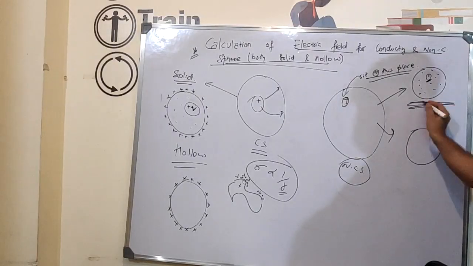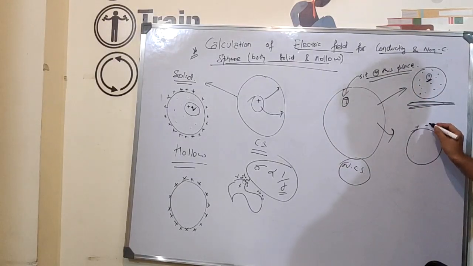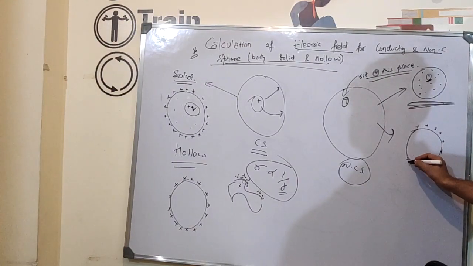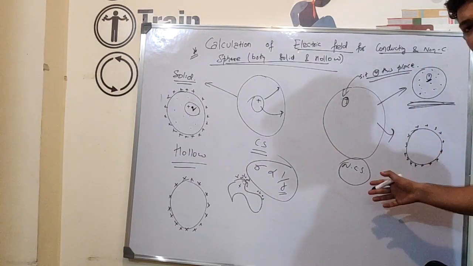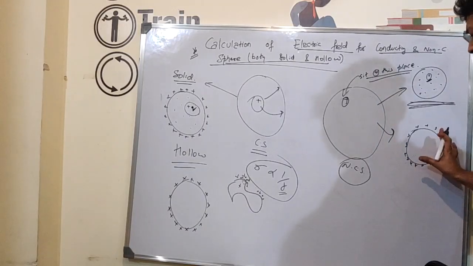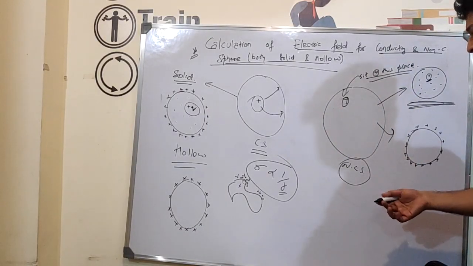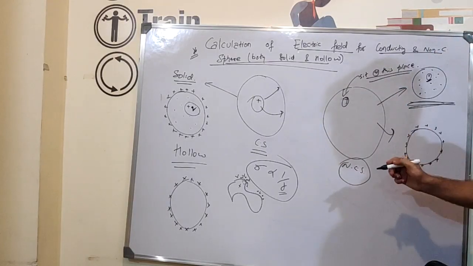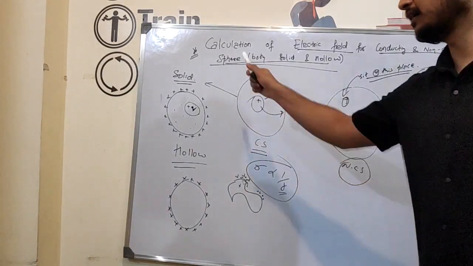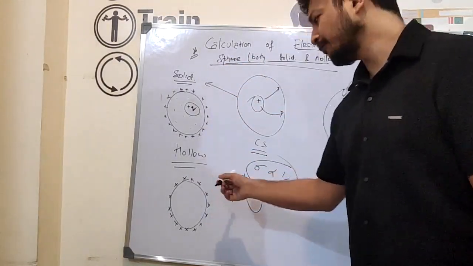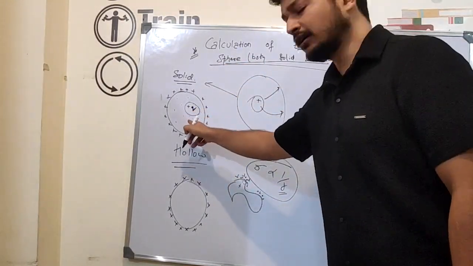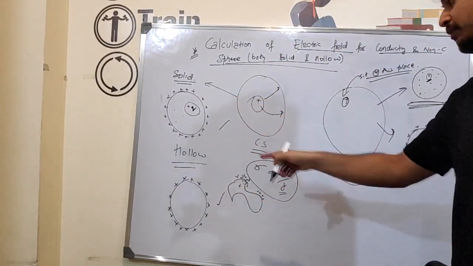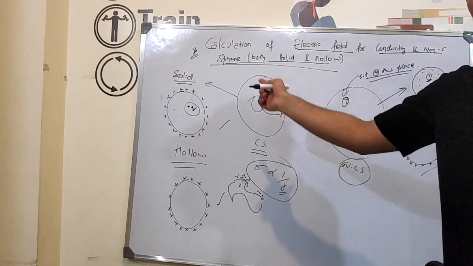Even in this case, if we have charges spread evenly on the surface, they will stay on the surface only. That means they are not going to move. They will be situated there, and the value of the electric field inside, on the surface or outside will be the same as in the case of a conducting sphere, either solid or hollow, because you can see the charge distribution for the conducting sphere, this one and this one, all three of them will be sitting at the surface.